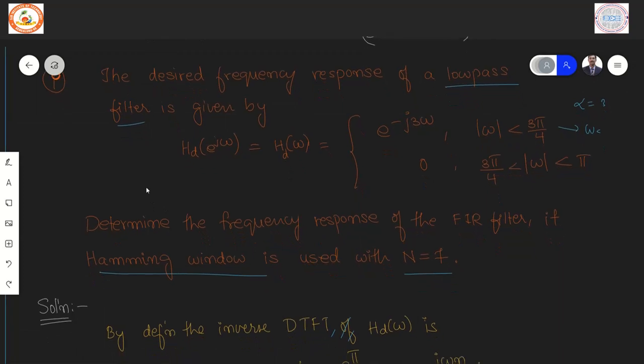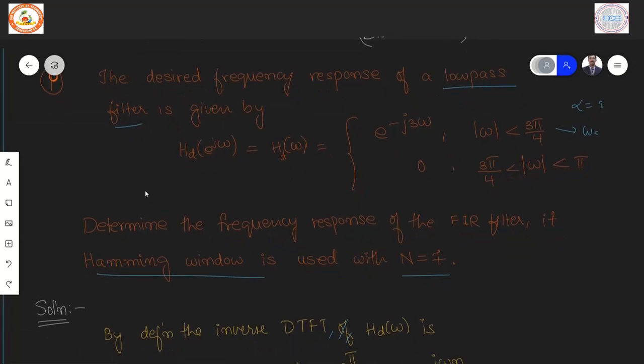In the problem here, we are given the statement as the desired frequency response of a low pass filter is given by HD of e power of j omega is equal to HD of omega is equal to e power of minus j3 omega, magnitude of omega less than 3 pi by 4, and for omega between 3 pi by 4 and pi it is equal to 0.